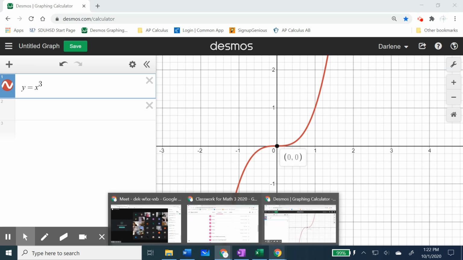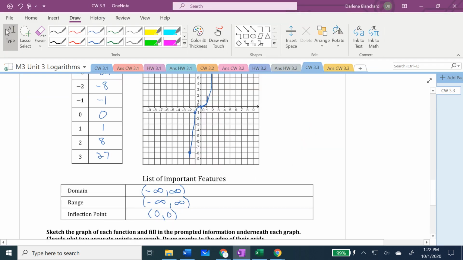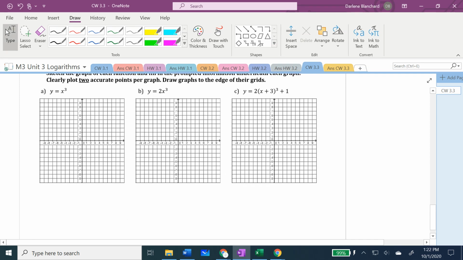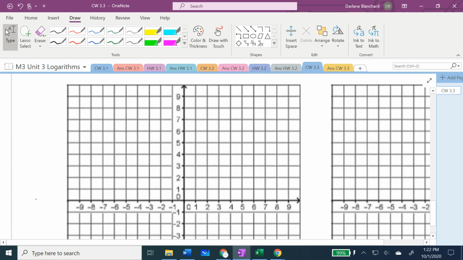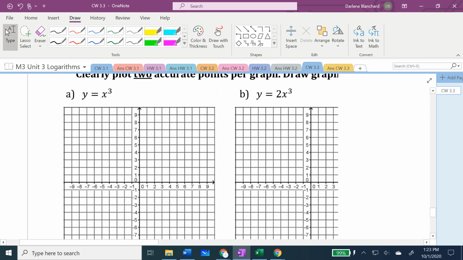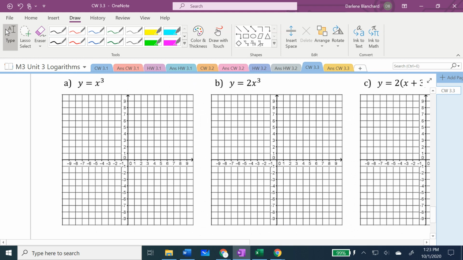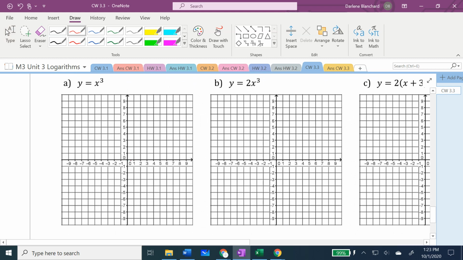And then let me go back over here for a few problems and we'll be done. So you're going to one more time sketch the graph of x cubed. Actually, I'm going to go with a little bit thicker there to make my points.